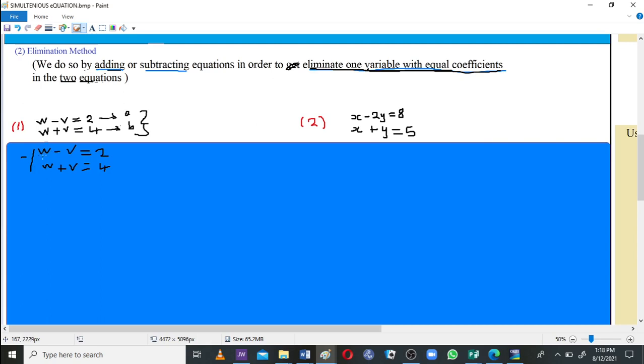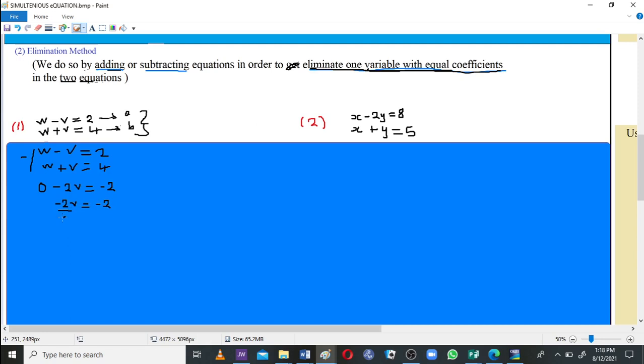So if we subtract, w minus w is going to give us 0, and then negative v minus v will give us negative 2v, is equal to 2 minus 4, which gives us negative 2. So this is the same as having negative 2v equal to negative 2.